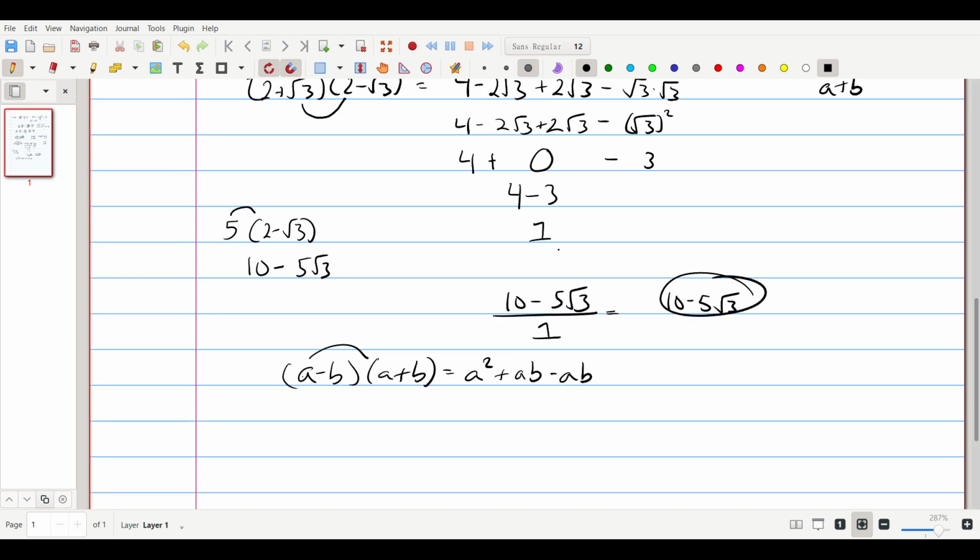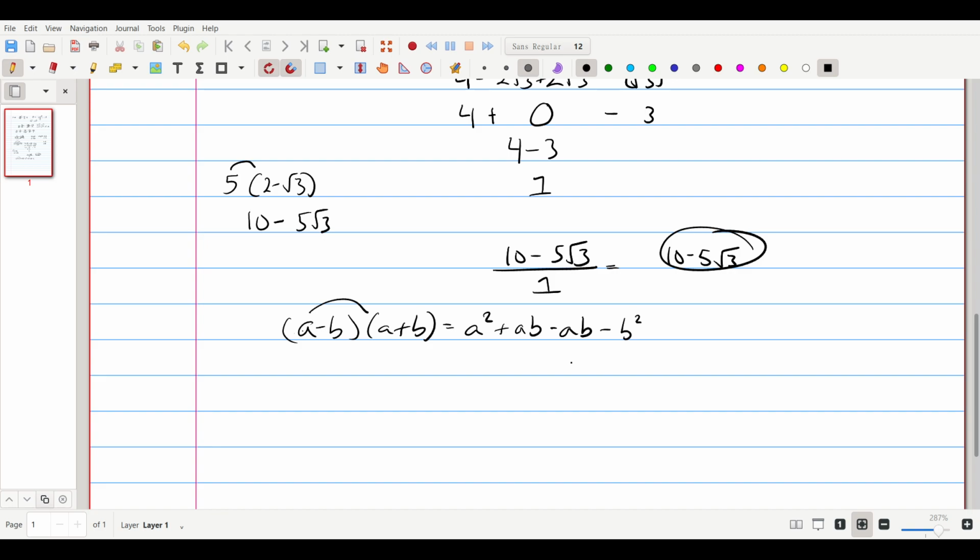And then b times b is b squared, but negative, because one of them is negative. And so you're always going to see this pattern where the middle terms become 0, right? And so you're always going to get a squared minus b squared. So when you multiply by the conjugate, essentially all you need to do is square the first term minus square the second term. And this pattern here is called the difference of squares.